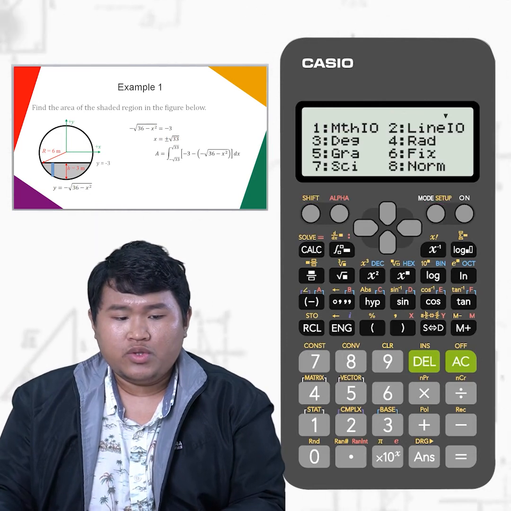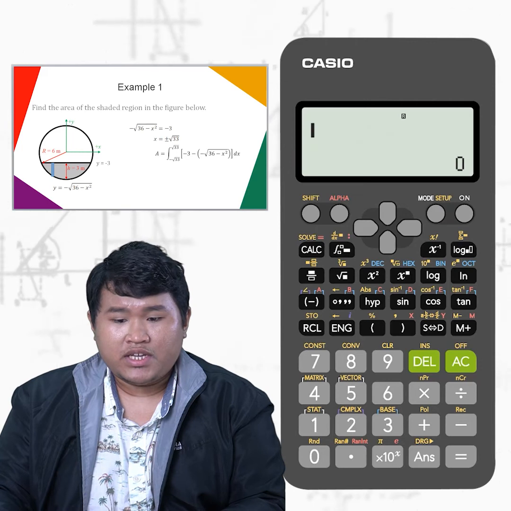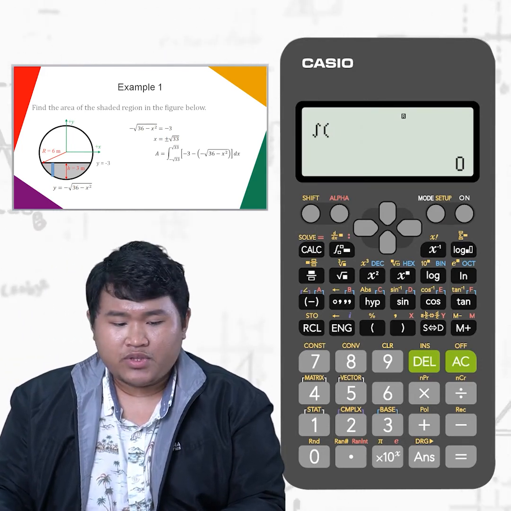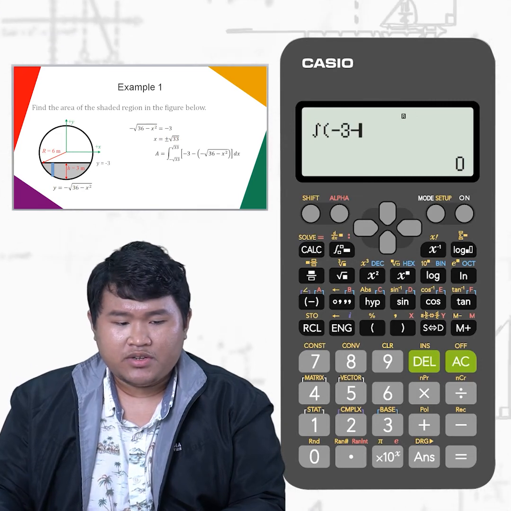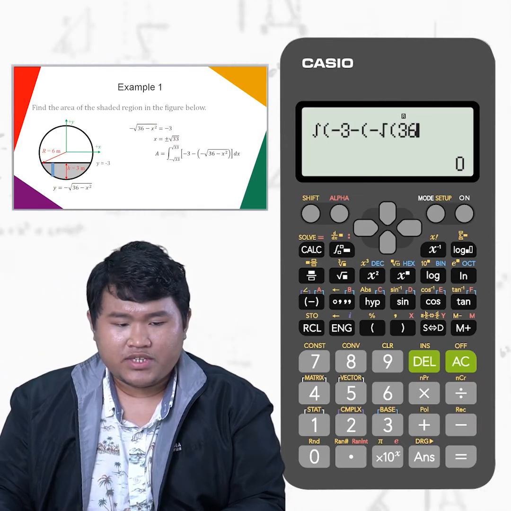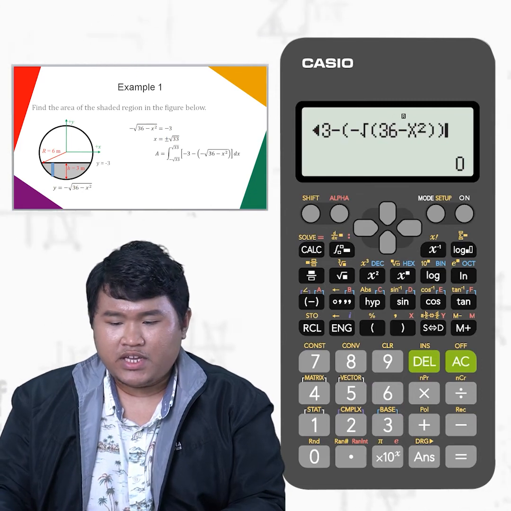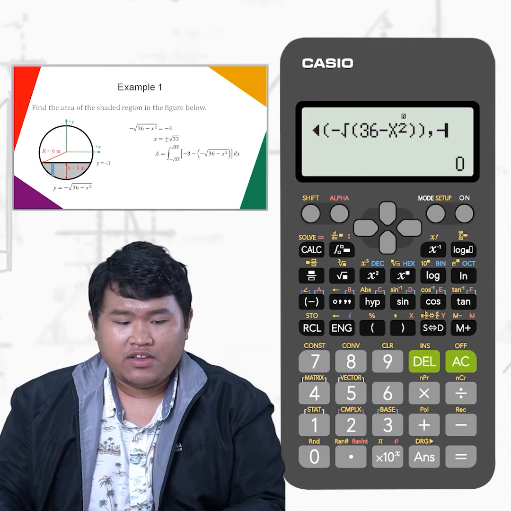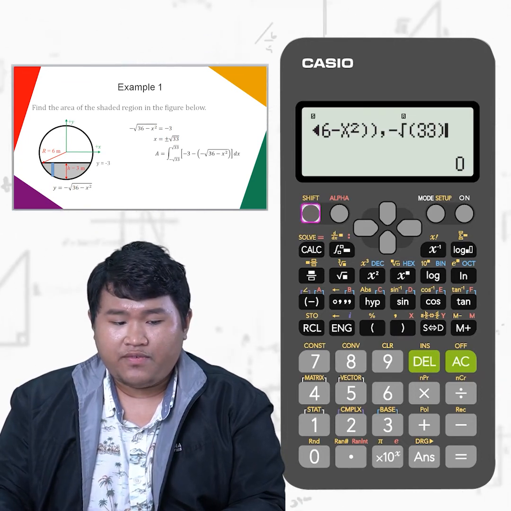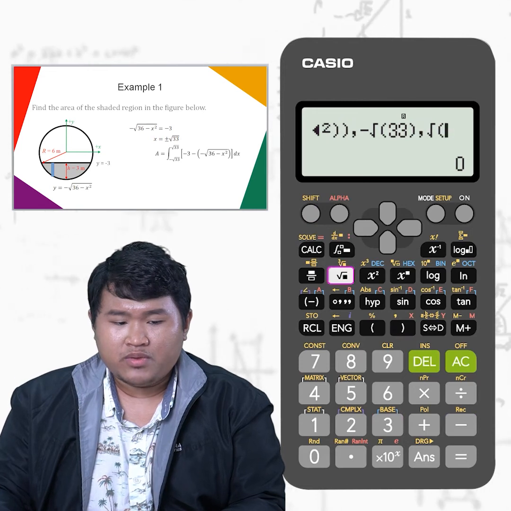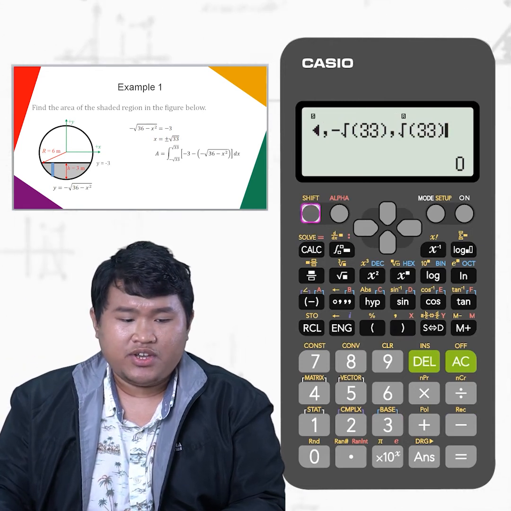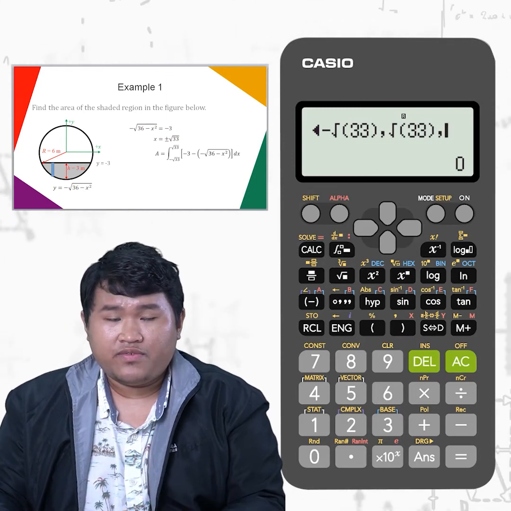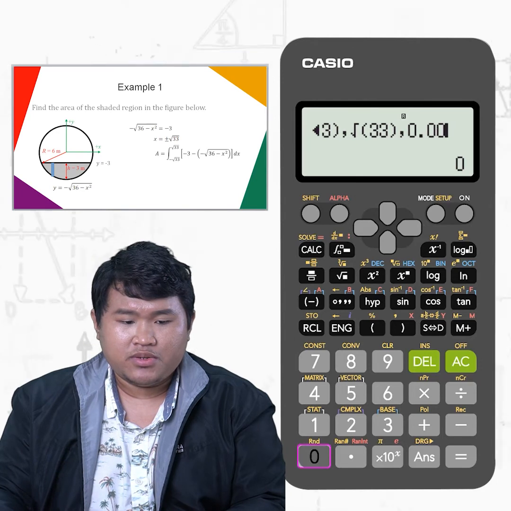We have shift mode and then 2 for the Line.io mode, and then let's input the integral again. So here we have the integral, and then input the expression negative 3 minus negative of square root of 36 minus x squared, and then comma, shift parenthesis, we have this comma, and then the lower bound is negative square root of 33, again shift close parenthesis, that's comma, upper bound is square root of 33, last shift comma, and then square root of 33, and then last, the accuracy of the solution, which is, let's say, 0.0001.